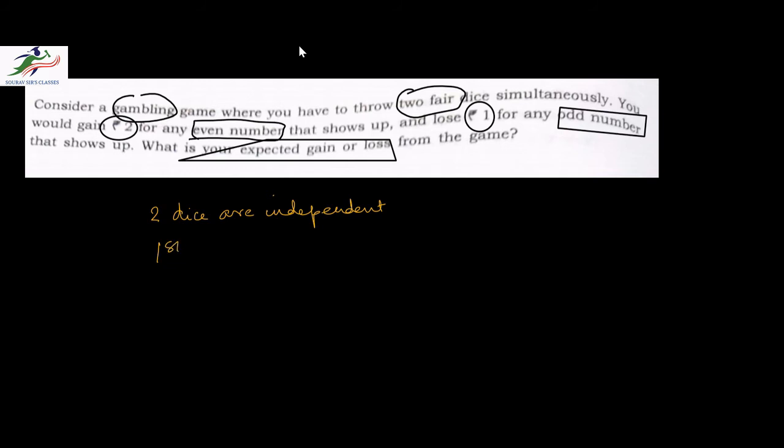So consider the first dice. The first dice can show 1, 2, 3, 4, 5 or 6. There are 3 odd numbers which are 1, 3 and 5, and there are 3 even numbers which are 2, 4 and 6.